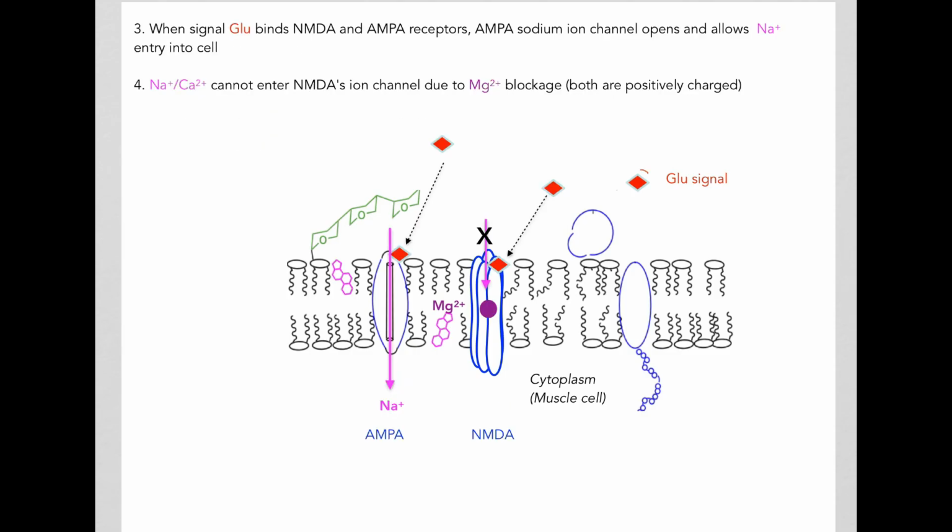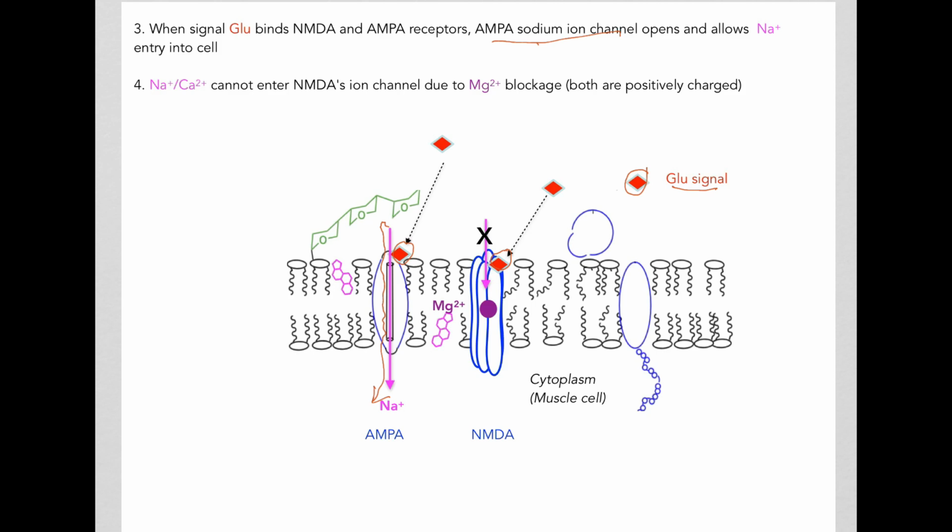So when the signal glutamic acid binds to the NMDA receptor as well as the AMPA receptor, the receptor shape changes. So the ion channel for the AMPA, the sodium ion channel, will open, and then sodium is going to enter from the outside, where it's present in higher concentrations, to the inside of the cell as the channel opens.